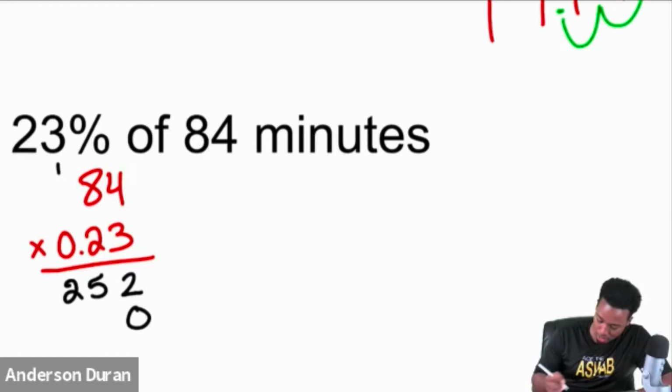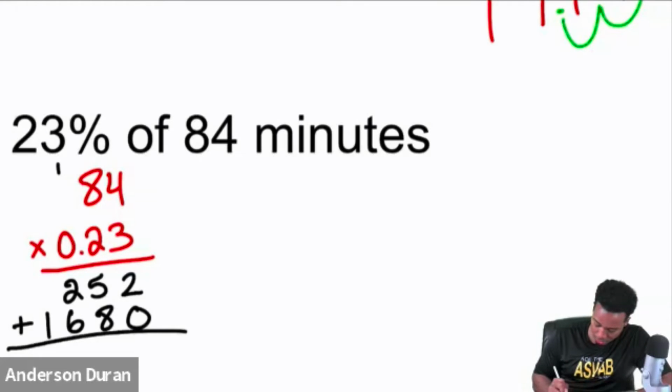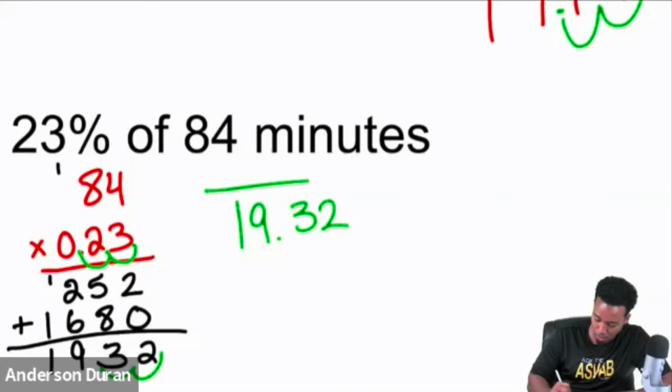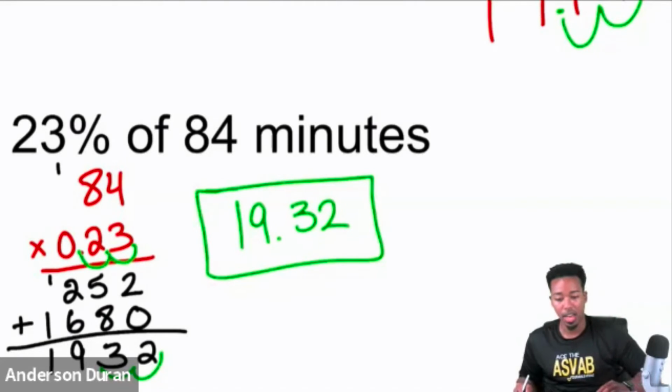Bring a 0 down, next row. 4 times 2, that's going to be 8. 8 times 2, 16. Add these together, 2, 3, 9, 1. Bring those decimal places back, 1, 2, 1, 2. We have ourselves 19.32. Who's feeling good about that one?